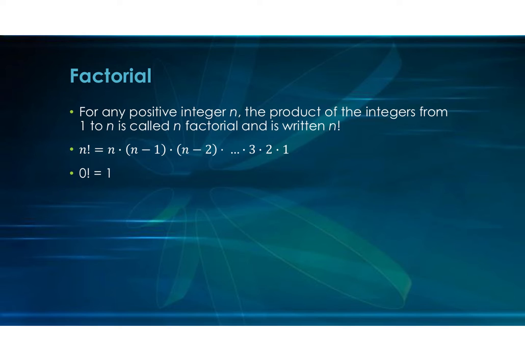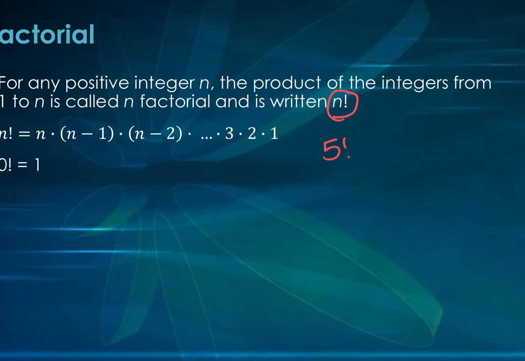Now, before we jump into permutations and combinations, we need to talk about something called factorial. For any positive integer n, the product of the integers from 1 to n is called n factorial and is written n exclamation point, okay? N factorial is equal to n times n minus 1 times n minus 2 all the way down to 1. So let's say we had 5 factorial.